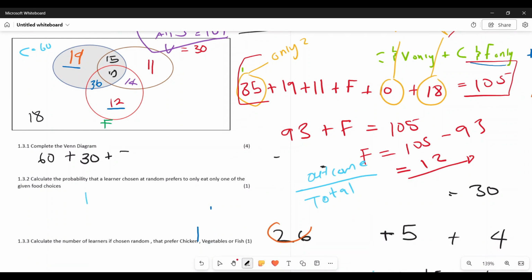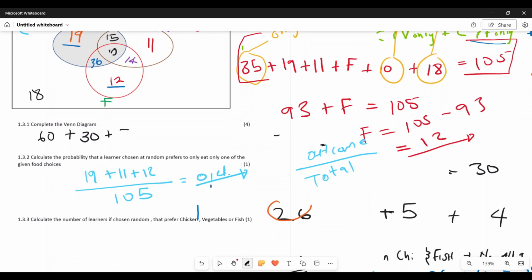So they are 19 for chicken, plus 11 for vegetables, plus 12 for fish, over our total, which is 105. And this would give us the probability that a learner chooses to eat only one meal. So 19 plus 11 plus 12 all over 105. This is 0.4.